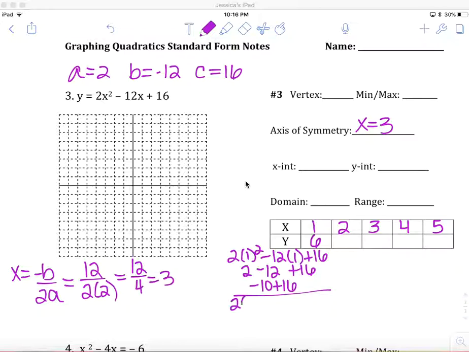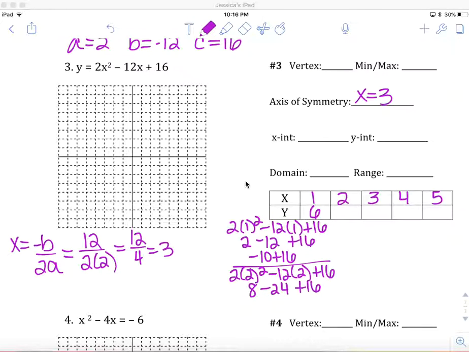For 2, I'm going to plug 2 in for both of my x's. And we end up getting 8 minus 24 plus 16, which is -16 plus 16, which is 0.